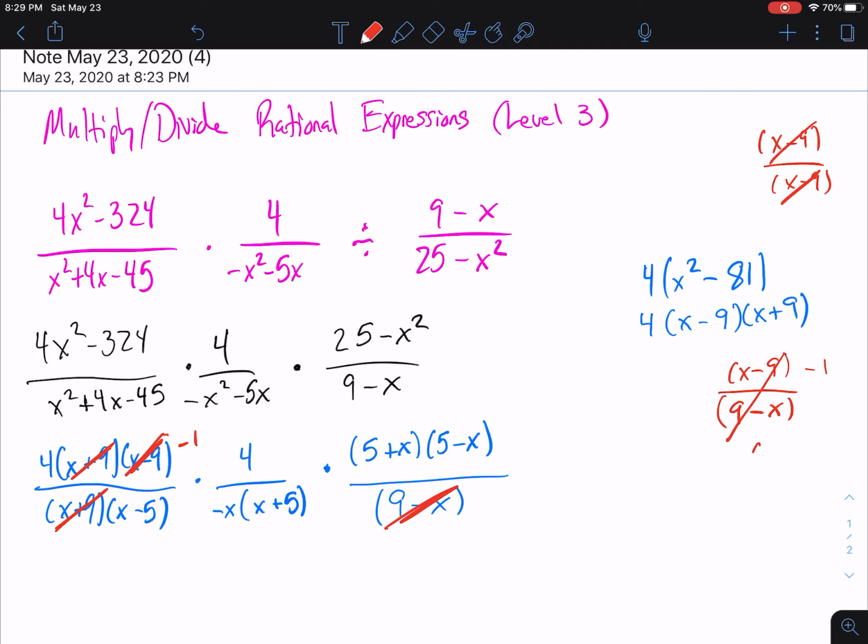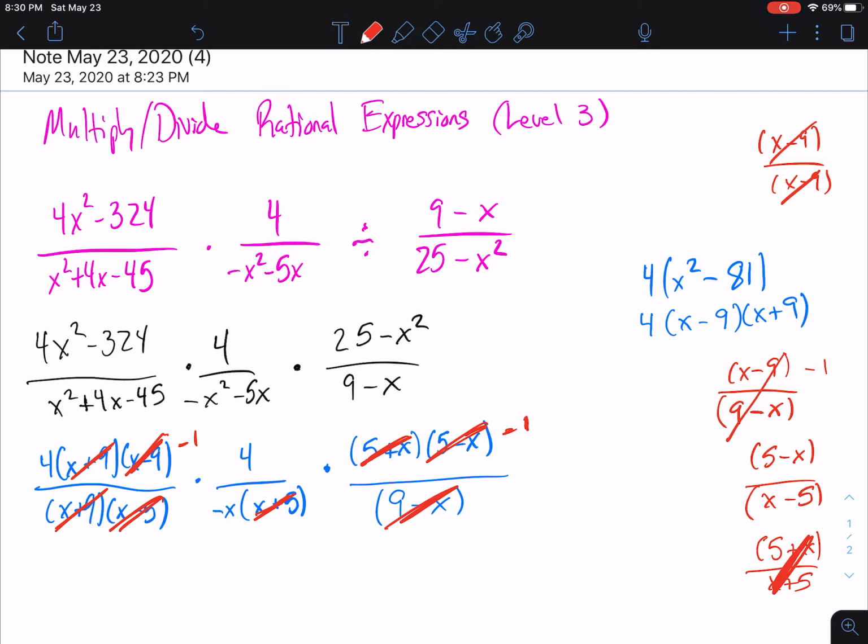Similarly, the 5 minus x on the top and the x minus 5 on the bottom, they're just flip-flops of each other. Those are going to cross out also to -1. Now, I want to show you this. 5 plus x and x plus 5, those are just going to regularly cross out without the -1. Addition is commutative.